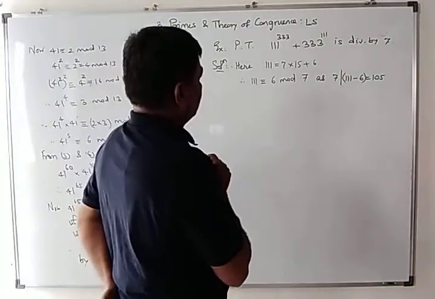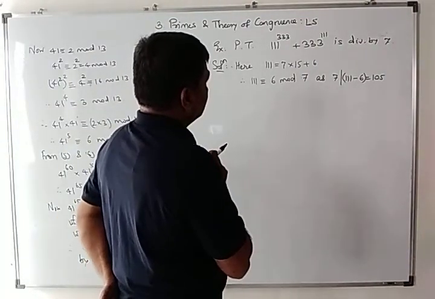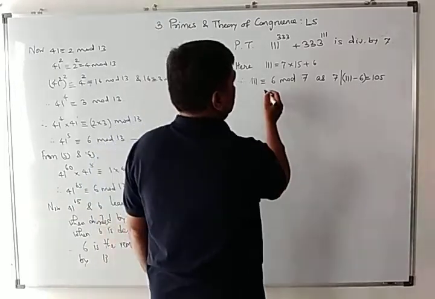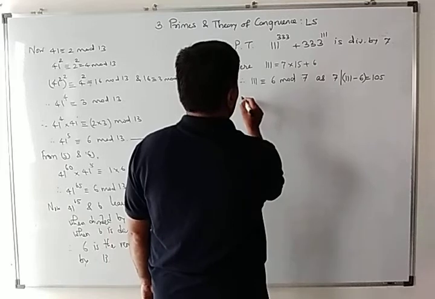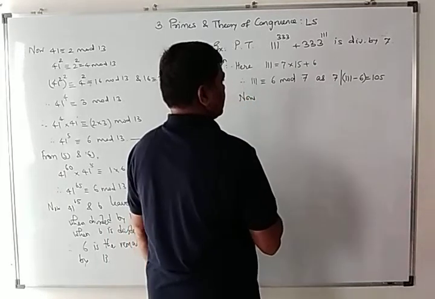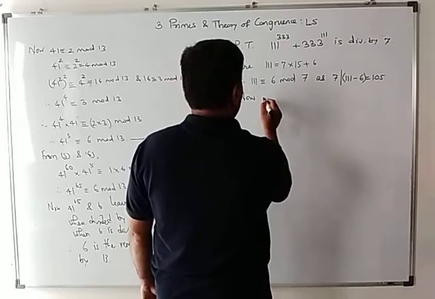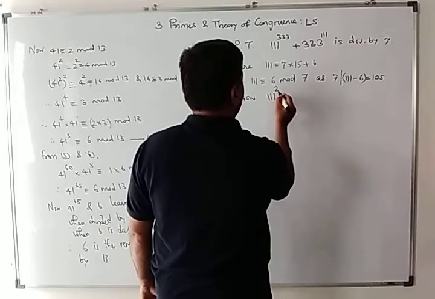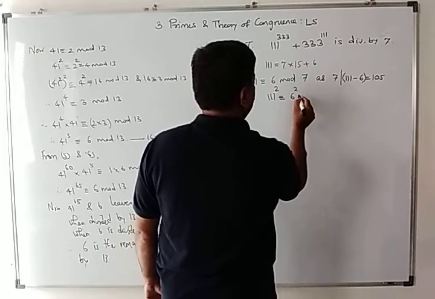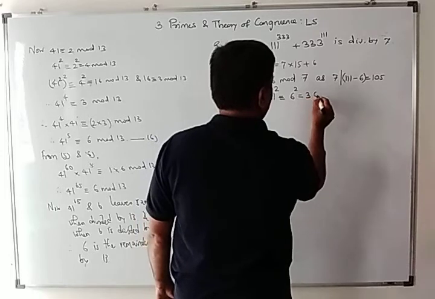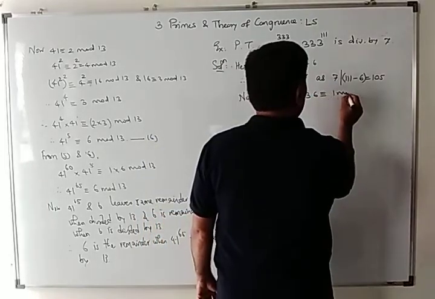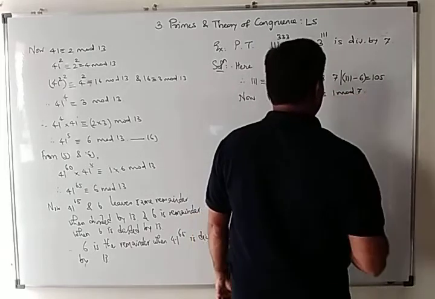If I take its square, now what will we get? Six square. Okay. Now 111 square is congruent to 6 square, which is equal to 36, and 36 is congruent to 1 mod 7.